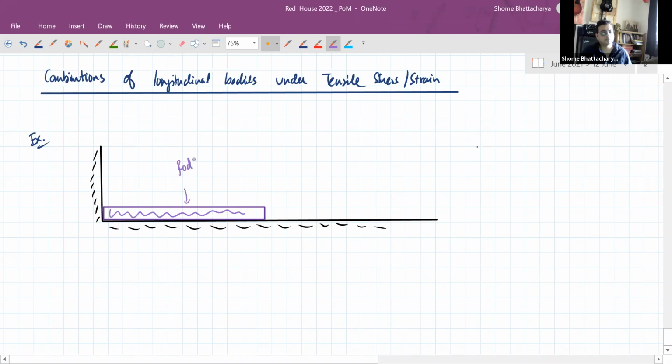So this is rod 1. Its Young's modulus is this much. Its area of cross section is this much. Its natural length is, let's say, 2 meters. Now we've kept another rod. It's not really attached or something, it's just kept against this.